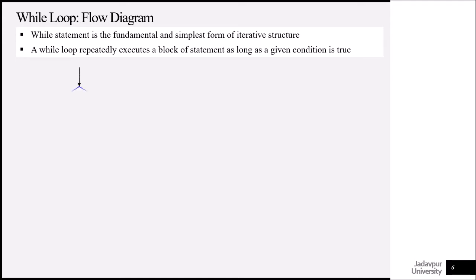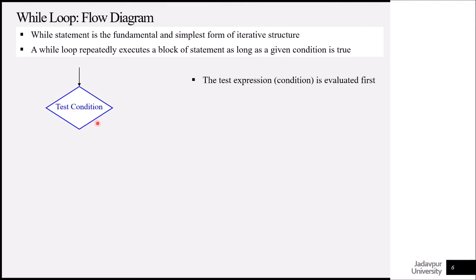First of all, the execution or control encounters a test condition or expression. This test condition or expression could be a simple relational expression or a compound one, that is connected together by the use of logical operators. It could be logical AND, or it could be a logical OR.